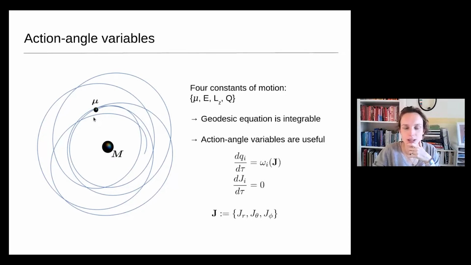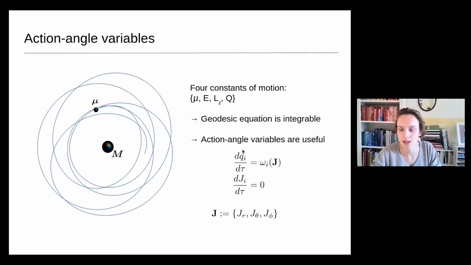So we know that, to zeroth order, if I say the mass of this small guy is so small it's negligible, then of course it is just following a geodesic, because we know test particles in general relativity follow geodesics. And since the Kerr spacetime has 4 constants of motion, the geodesic equation is in fact integrable in this case.